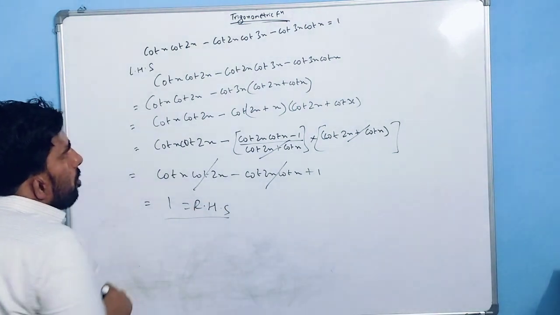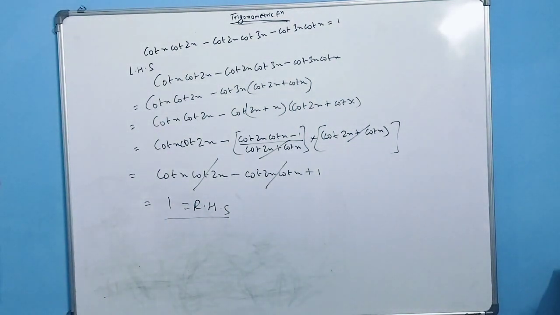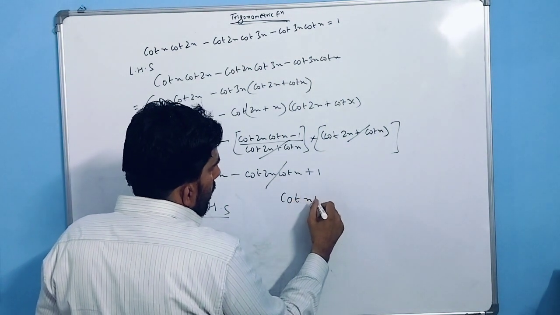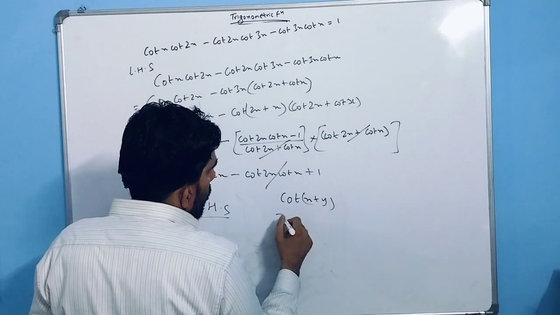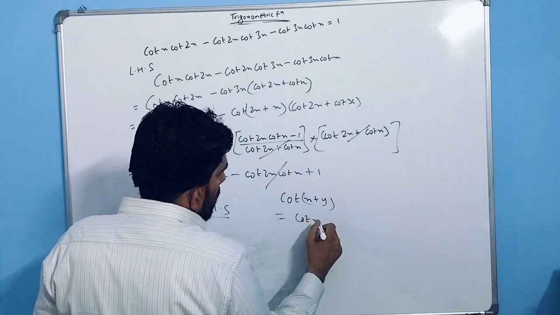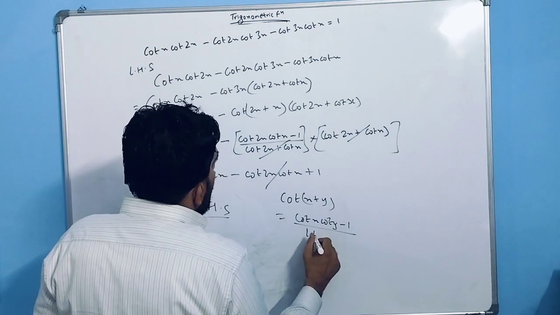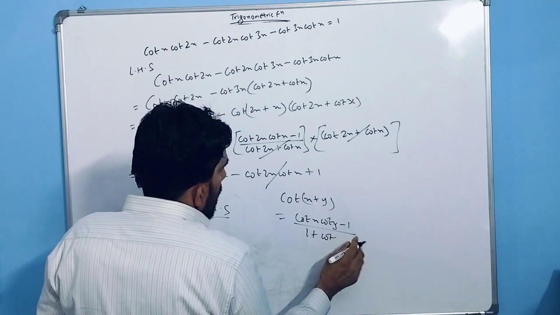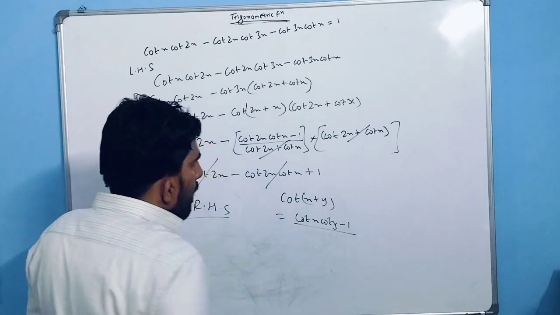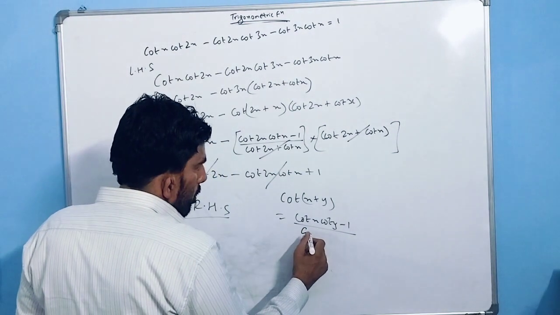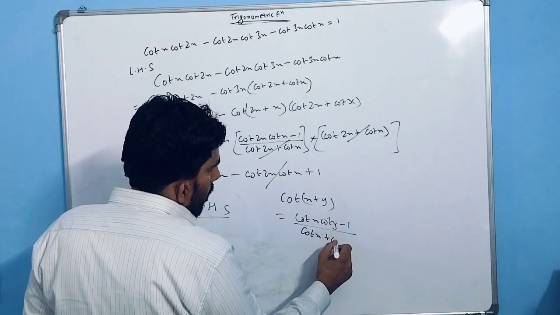So that is how we use the identities. Here I have used one formula: cot (x plus y) is equal to cot x cot y minus 1 upon cot x plus cot y.